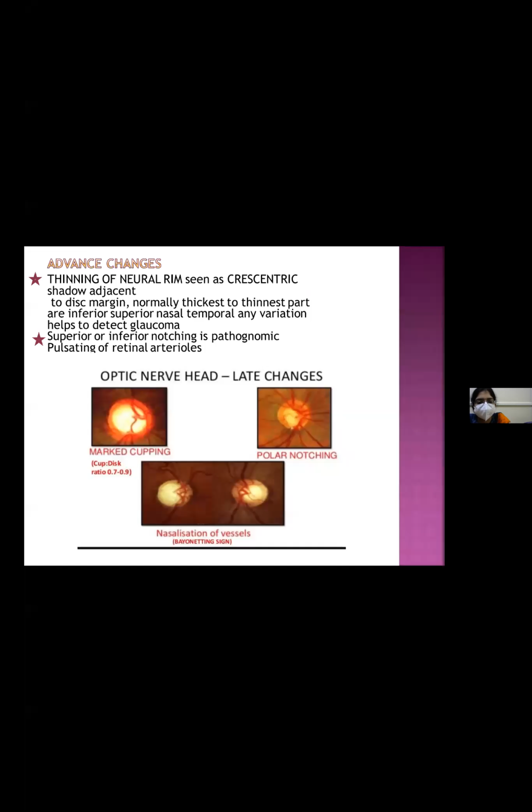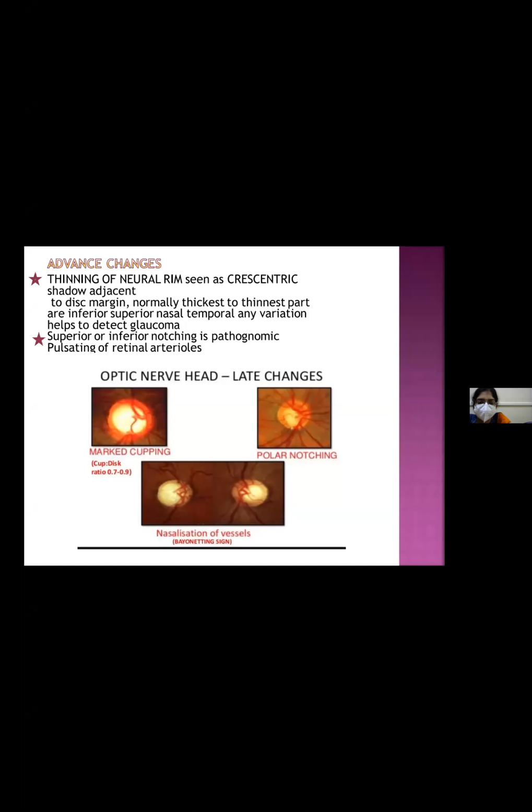Coming to advanced changes, there's thinning of the neural rim, which appears as a concentric shadow adjacent to the disc margin. Normally, the thickest to thinnest parts of the neural retinal rim are inferior, superior, nasal, and temporal. Any variation from these helps to detect glaucoma. Superior or inferior notching of the rim is seen as pathognomonic, and pulsation of retinal arterioles is seen.